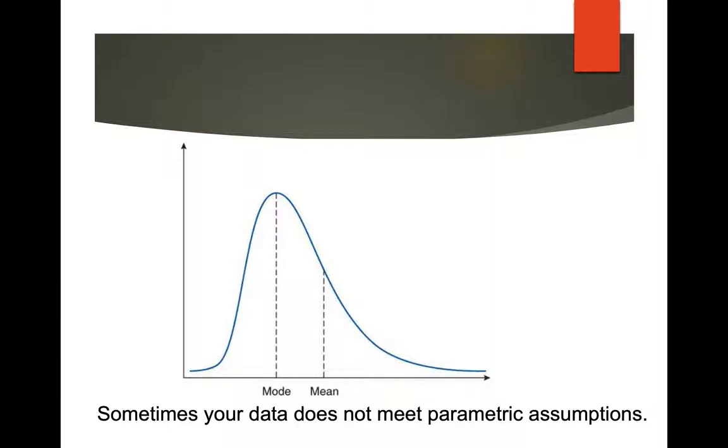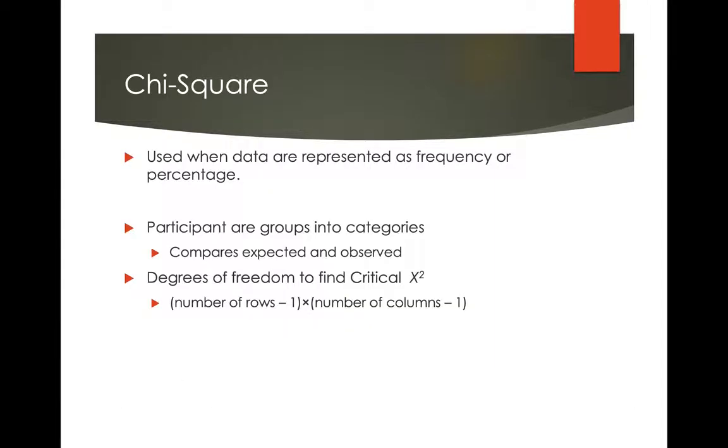Particularly if we are looking at the chi-square test, it is used when our data is represented as frequency or percentages. So I'm looking at differences in the percentage of men versus the percentage of women who use marijuana, or I may be looking at the percentage of men and or women who practice physical activity 3 times per week.